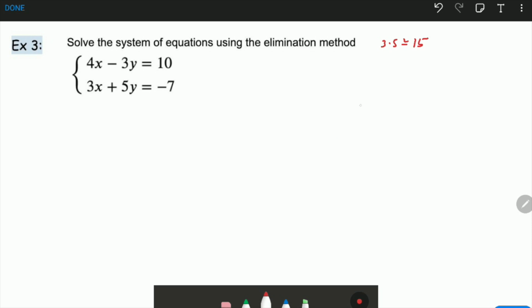So in order to get 15, so that they have the same coefficient, I'll multiply my first equation by 5. And I'll multiply my second equation by 3.